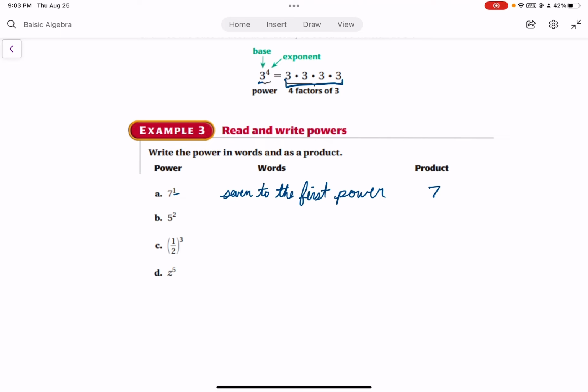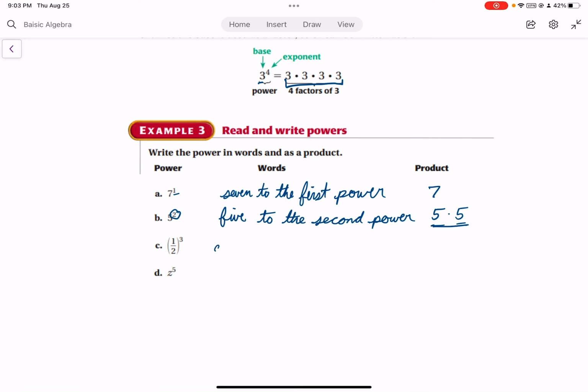And then we take the second one, or letter B, and we say, well, this is 5 to the second power. So that would be the product of 5 times 5, because we have 2 here. That means we have 5 written 2 times, and that's the product for this one.